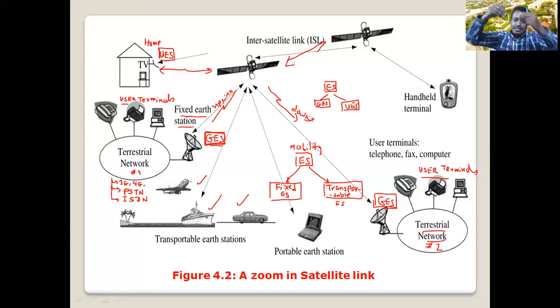Satellite to satellite link, what we call ISL, inter-satellite link, is also part of the satellite networks. It is optional. In many satellite networks, they don't have this ISL.